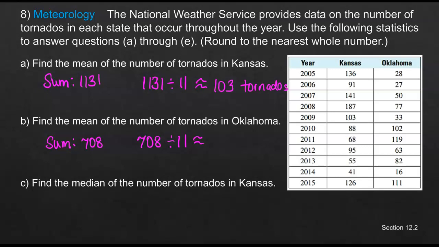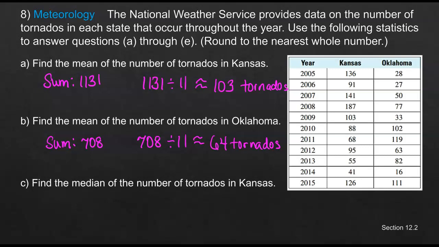And that gives us about 64 tornadoes per year. All right. So Kansas beats Oklahoma on the number of tornadoes, which is surprising. I'm from Oklahoma, and it seemed like you were always talking about tornadoes there, but kind of the same thing here too. Okay, find the median of the number of tornadoes in Kansas.